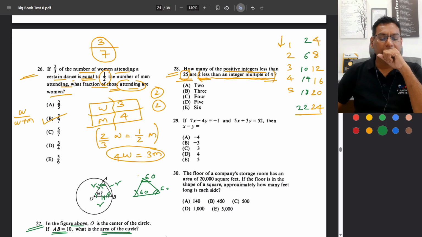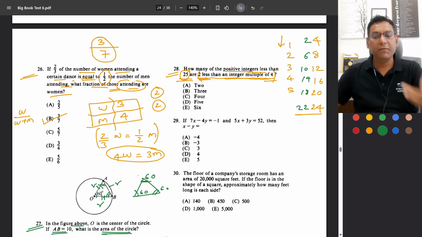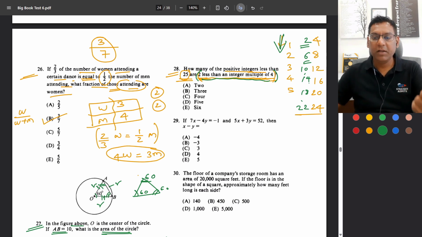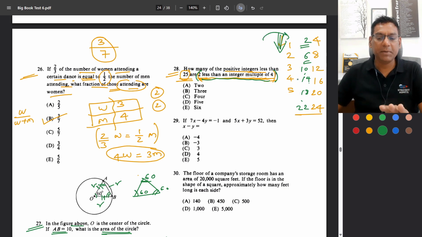Even if I compare all these 25 numbers, these are the only 6 numbers that will match this condition. So I'm just going from the point of constraint so that I reduce the possibilities I have to evaluate. You could have done it the other way also and got the same answer. So this is going to be 6. Answer choice E.